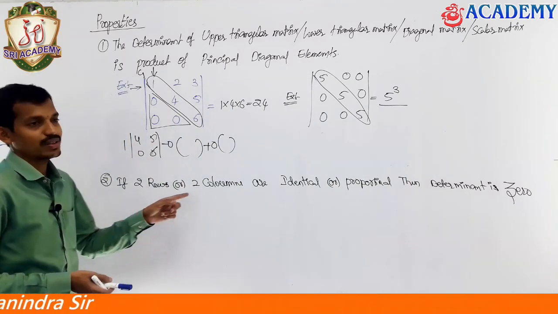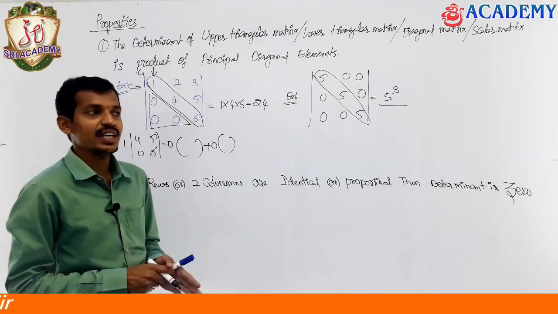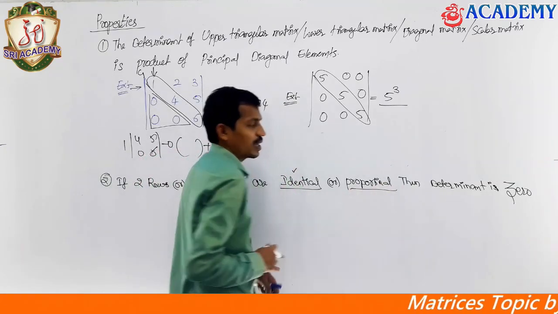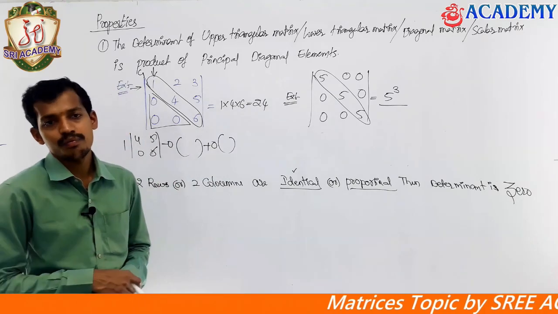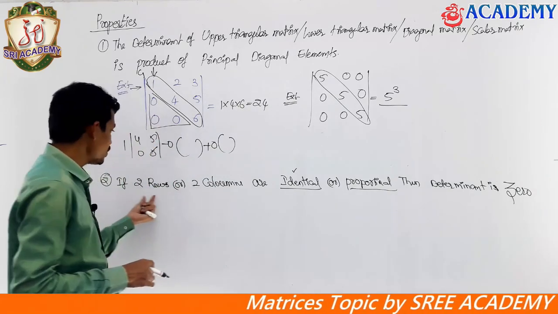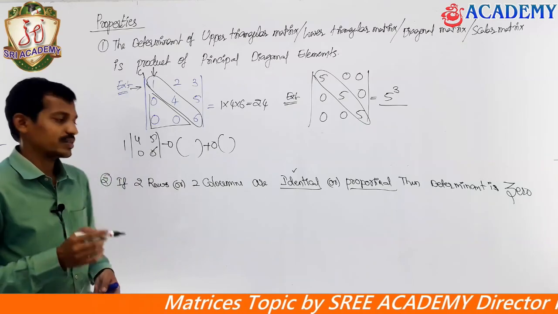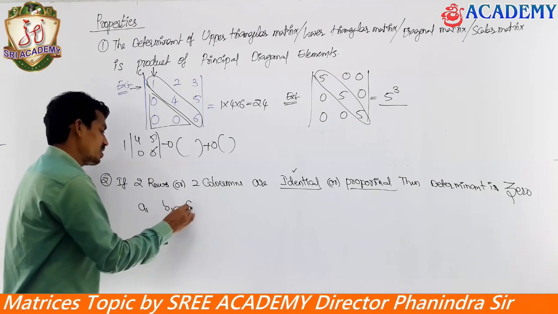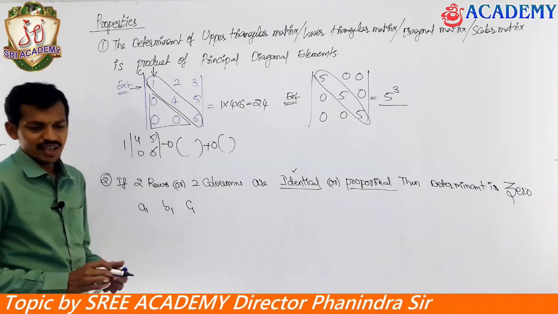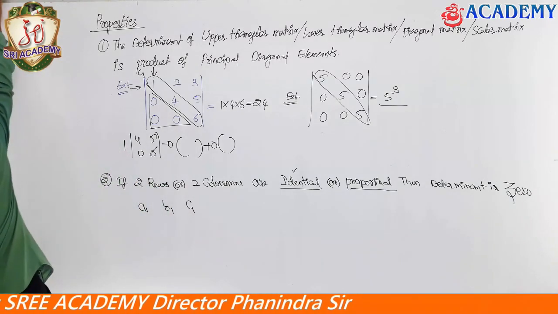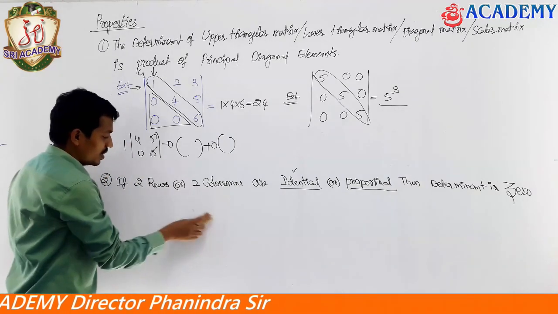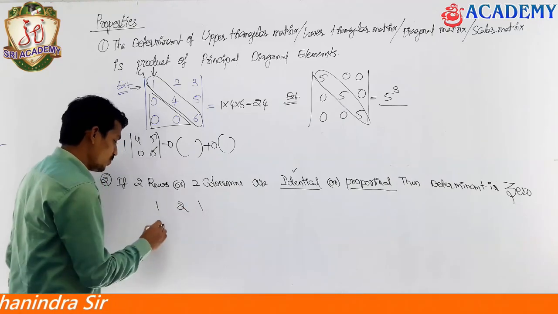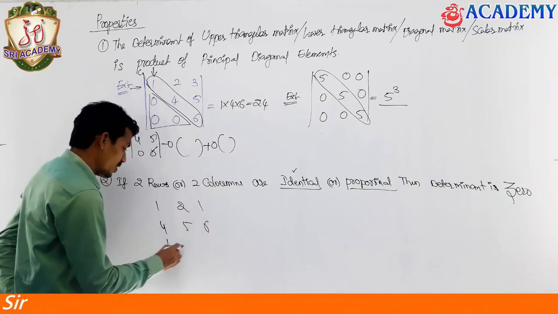Here is one more very important property. If two rows or two columns are identical or proportional, in both cases the determinant is always 0. For example, take the matrix 1 2 1, 4 5 6, 1 2 1.